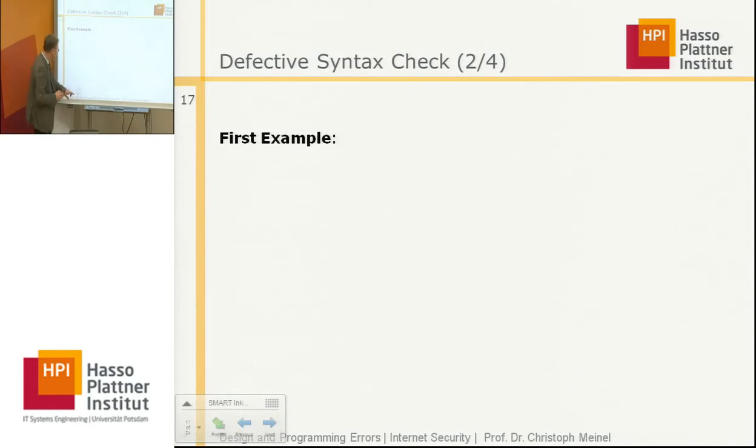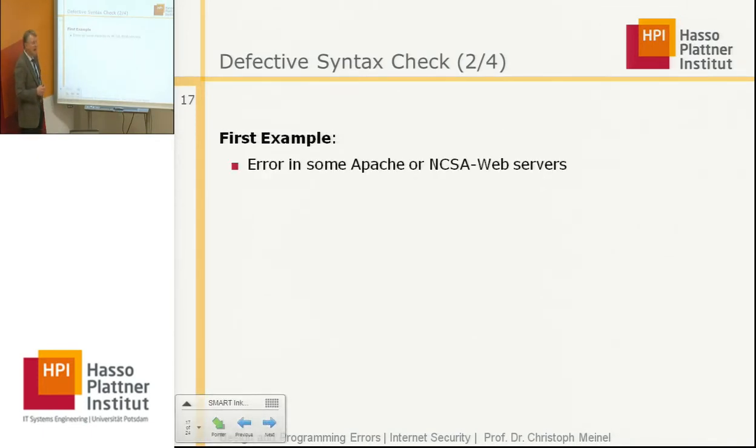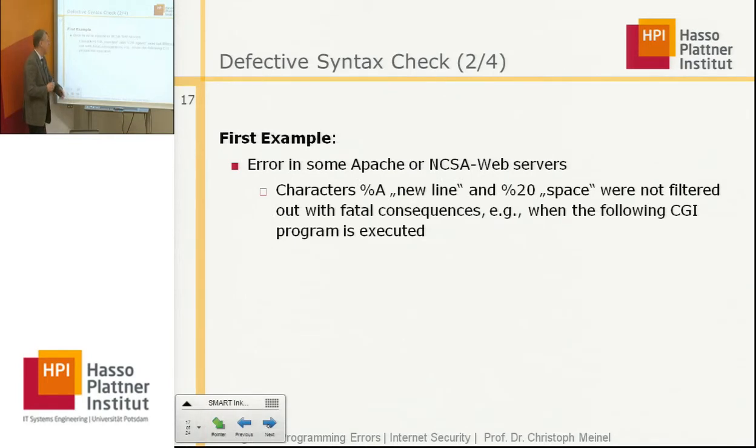So let's look at a first example. Here I point to an error in some Apache or NCSA web servers, and there are some problems with the character for new line and the character for space, which are not filtered out by the parser, and this can have really bad consequences.